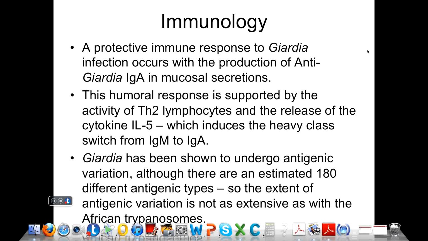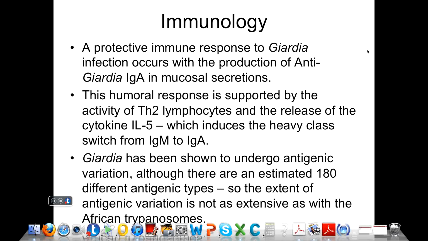And interleukin-5 in particular is known to cause the heavy class switch from mu to alpha, which is going to allow the plasma cell to produce IgA instead of IgM.